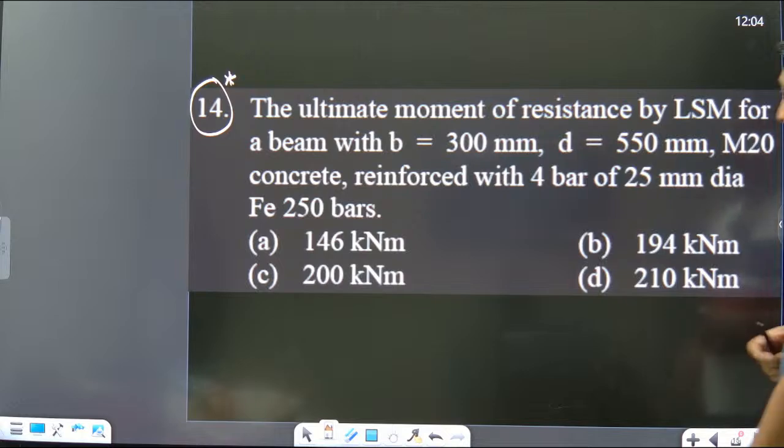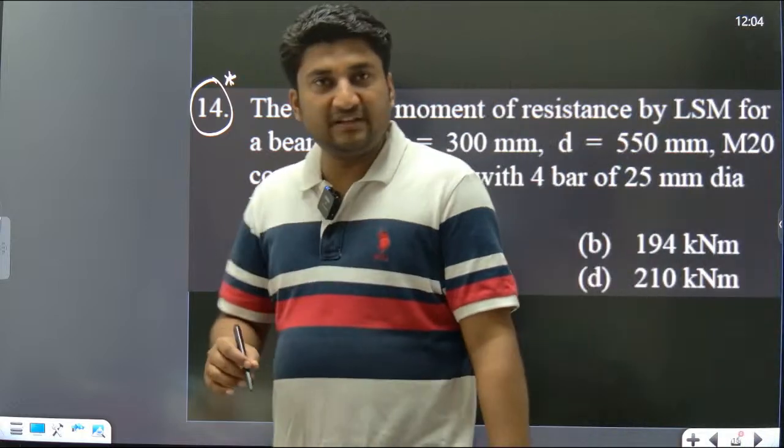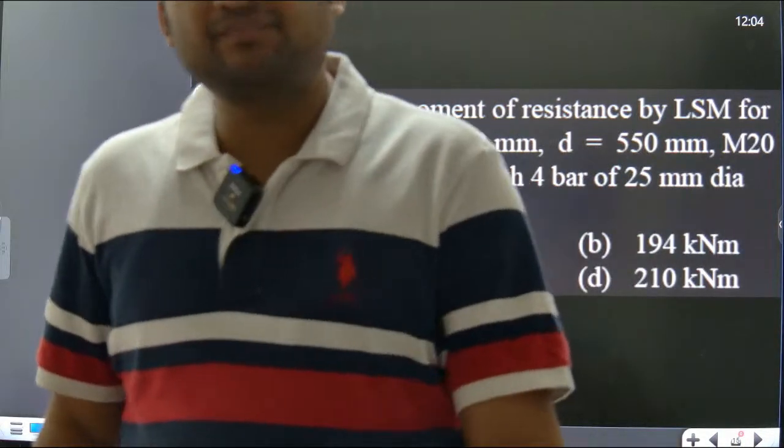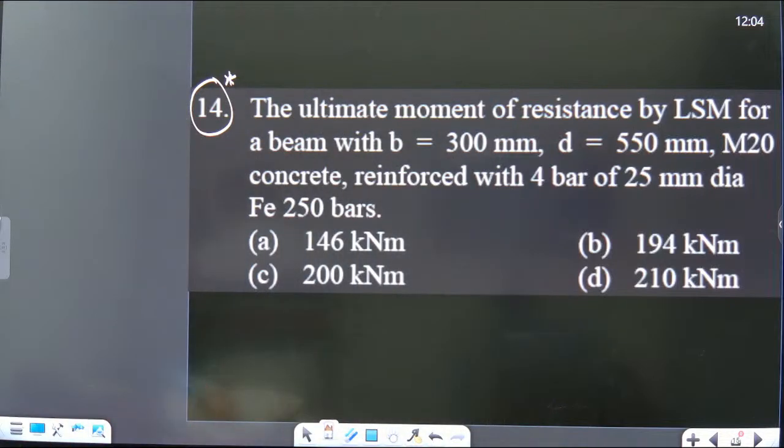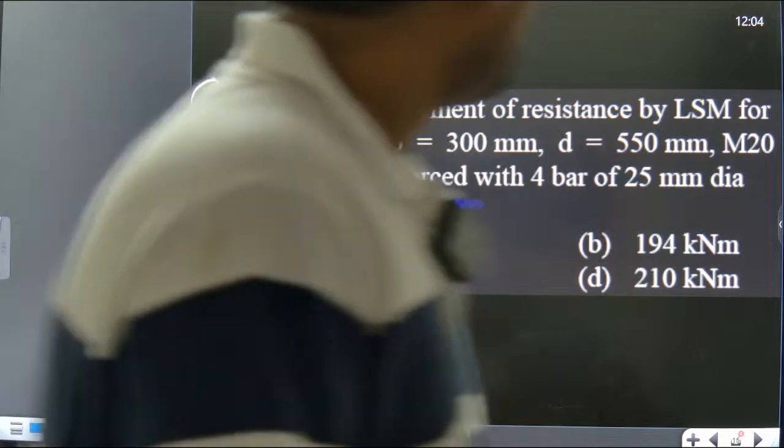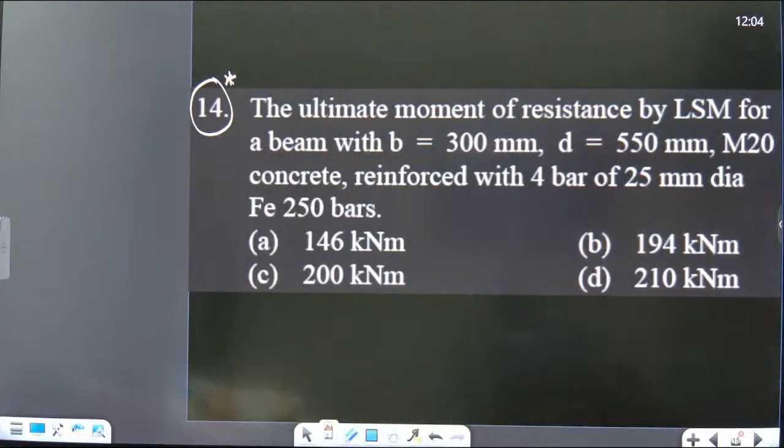For the ultimate moment of resistance, first find out whether this section is under reinforced or over reinforced.